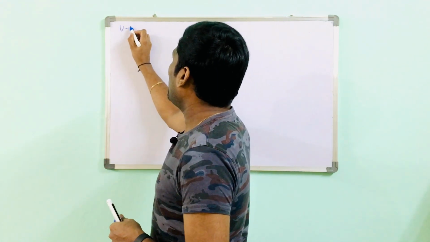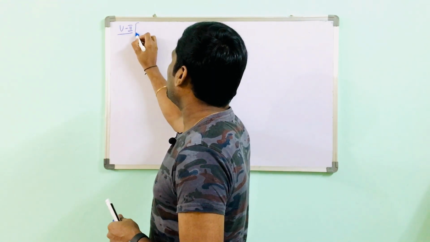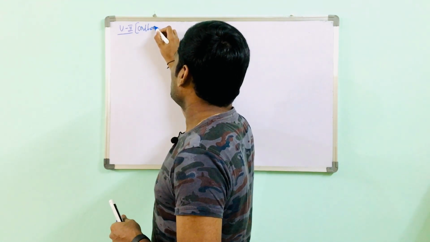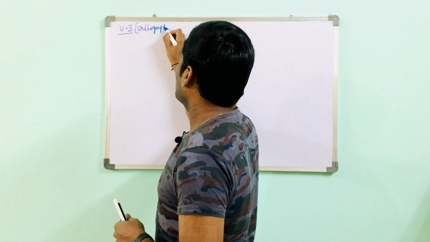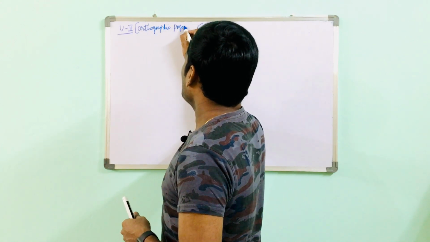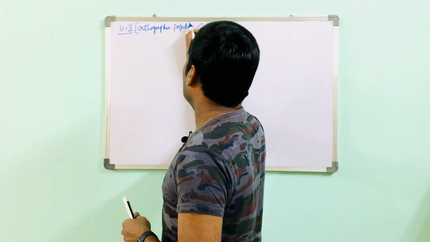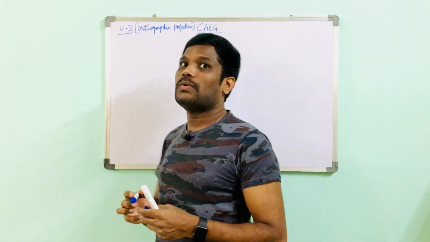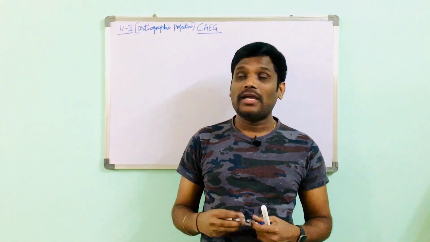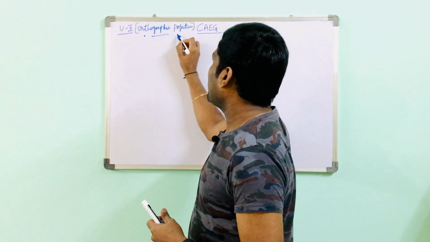Unit 2 is all about orthographic projections, isn't it? You should know the definition of orthographic projection. I have done several videos on orthographic projection introduction, followed by the concept of points, lines and planes.